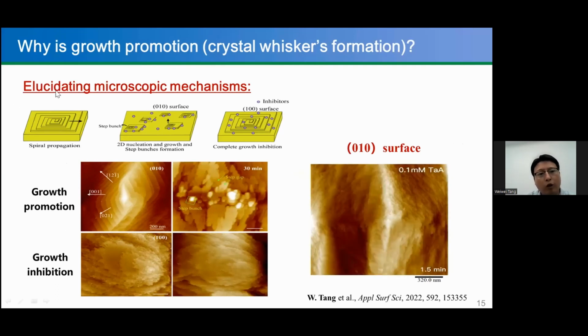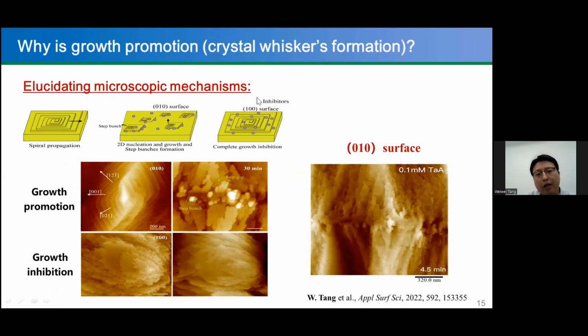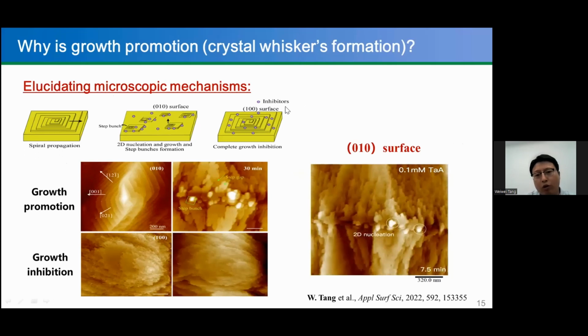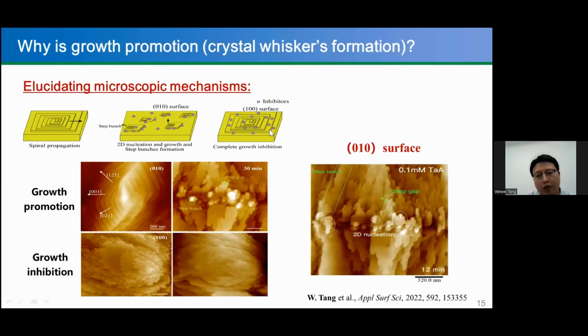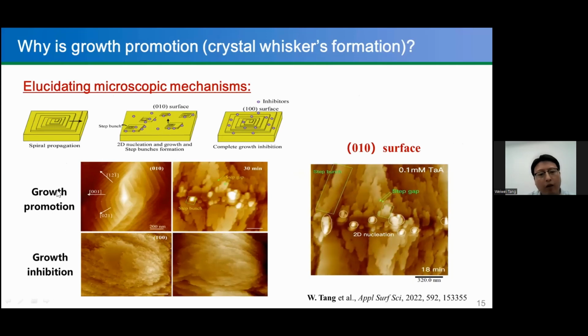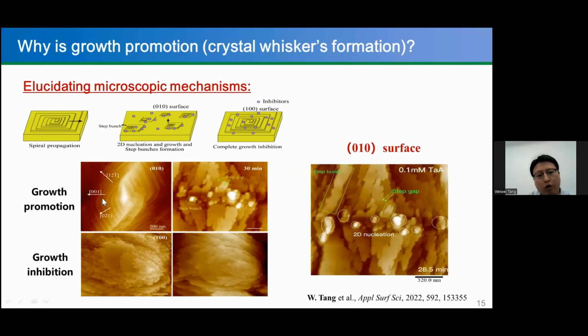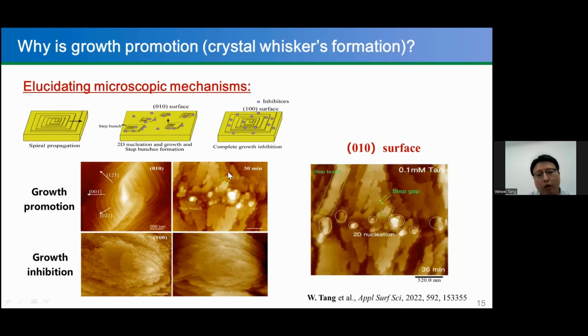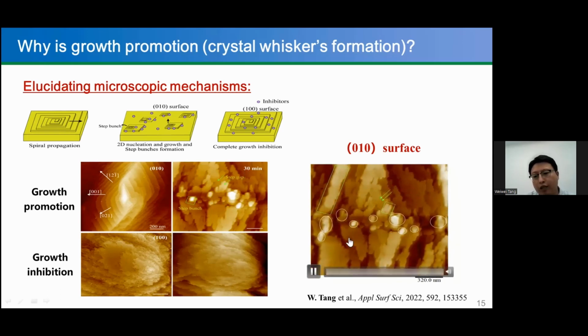To elucidate the underlying mechanism, we used in situ atomic force microscopy to study the surface growth dynamics. Here we found that when the inhibitor was introduced, the crystal growth mechanism changed from spiral growth to the 2D nucleation and growth mechanism. Here's a video, as you can see.